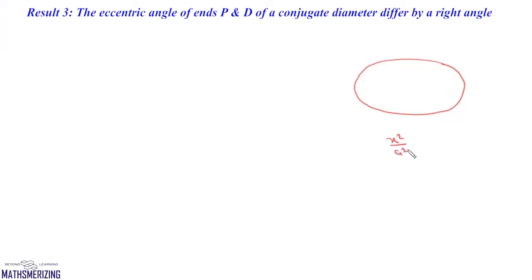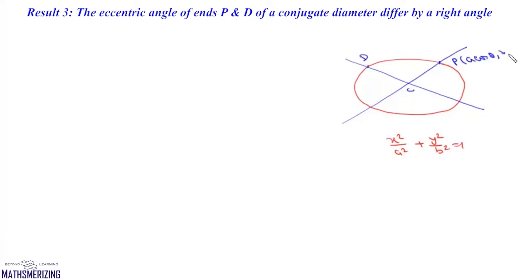Suppose the equation is x square upon a square plus y square upon b square equals to 1. Now we have two conjugate diameters. This is our center. Now suppose this point is P and this point is D.